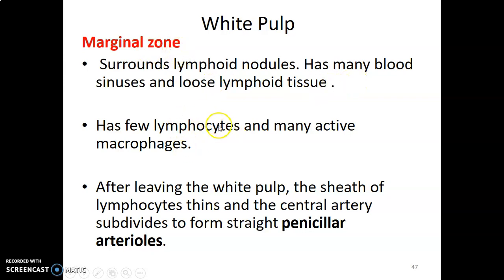This marginal zone also has few lymphocytes and many active macrophages. After leaving the white pulp, the sheath of lymphocytes thins out, and the central artery forms straight penicillar arterioles.